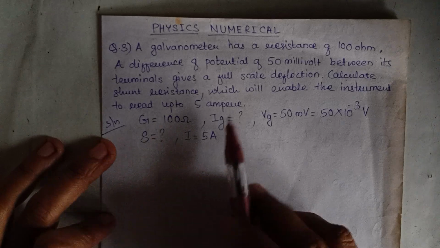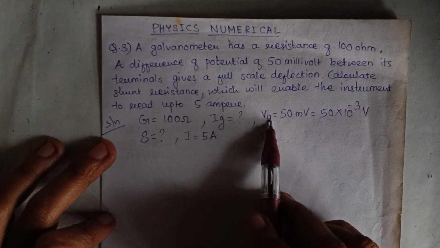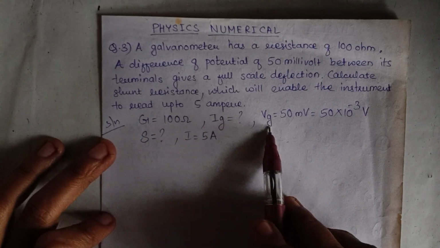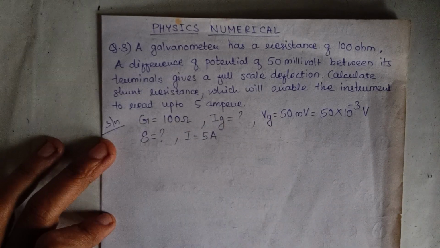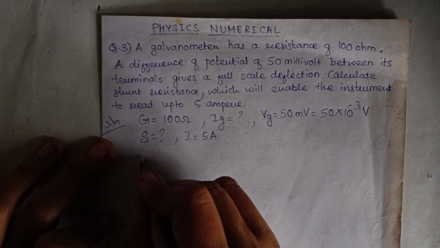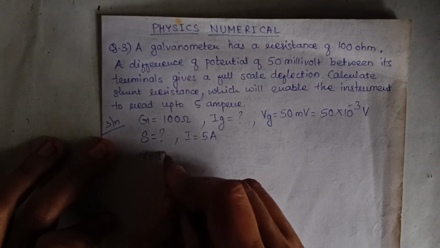To find Ig, you have to make use of Vg. G is the resistance, this is voltage, so you can make use of Ohm's law. Ohm's law states that V is equal to IR.